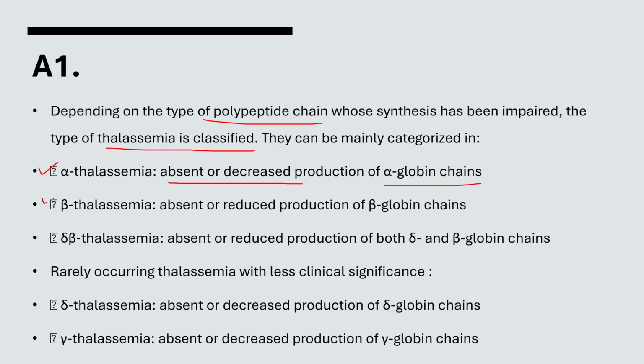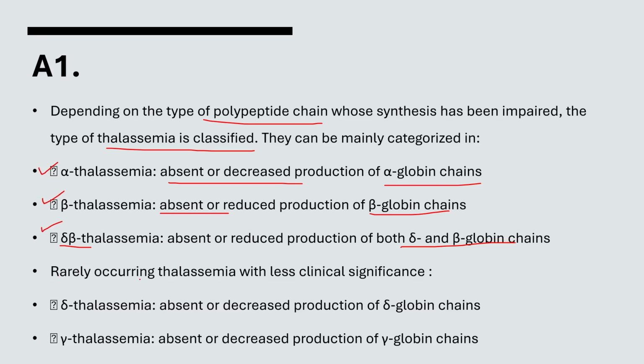Next is beta thalassemia, which is absent or reduced production of beta globin chains. Next is delta beta, which was our question, that is absent or reduced production of both delta and beta globin chains. So now you know the three types of thalassemia classified depending upon the polypeptide chain synthesis.